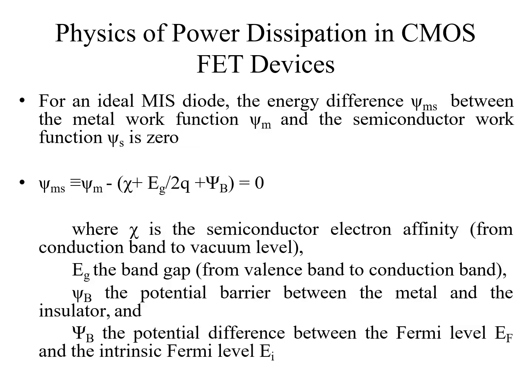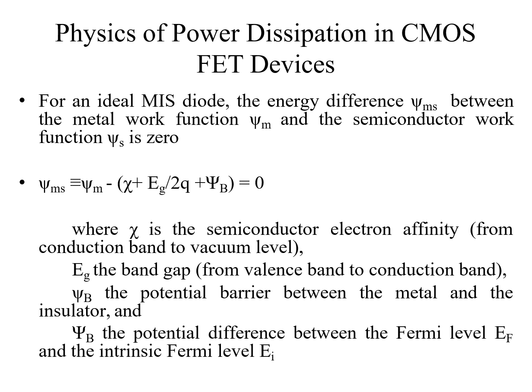For an ideal metal insulator semiconductor diode, the energy difference between the metal work function phi m and the semiconductor work function psi s is 0. So the energy difference between metal work function and the semiconductor is defined like this.